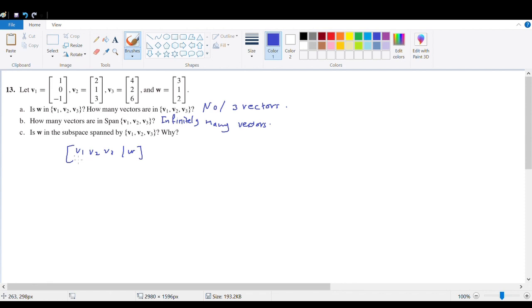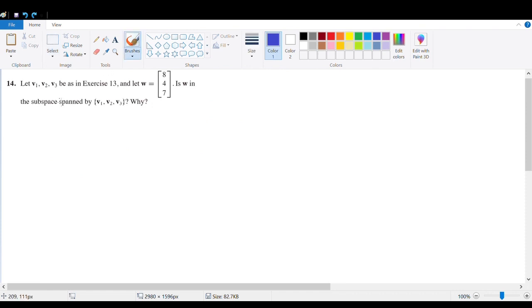But now if you check this one, since it has a solution, that means the system is consistent, then we can conclude W is in the subspace spanned by the vectors V1, V2, V3.